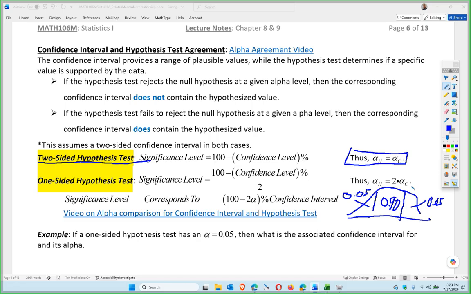That means the alpha for the confidence interval is 10%. However, when you do your hypothesis test, let's say it's a left tail.